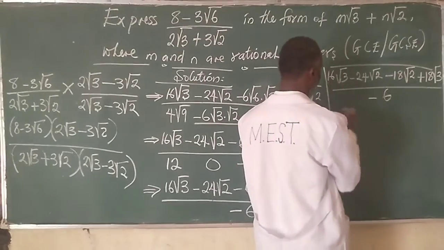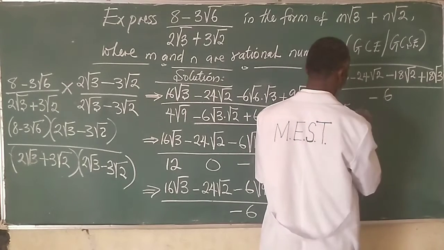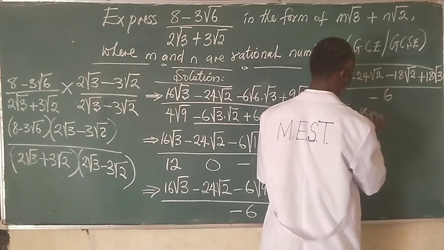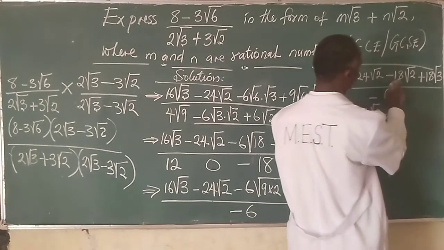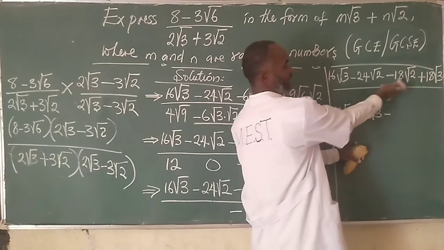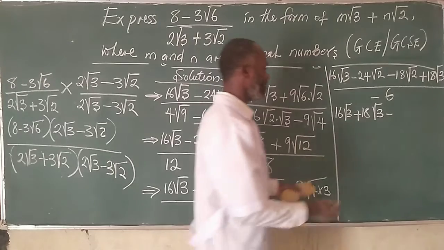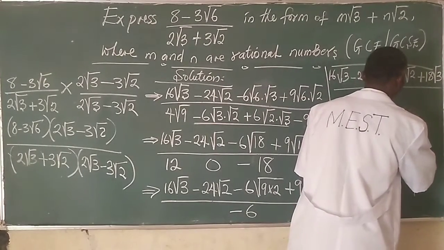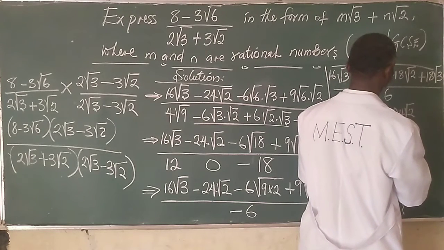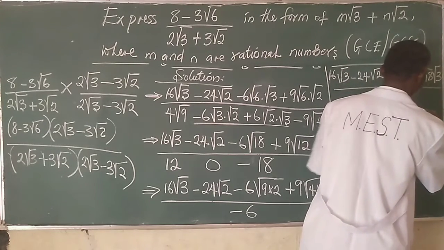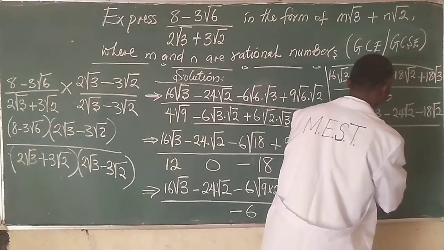So this 16 root 3, we combine with plus 18 root 3. Minus, there's square root 2 here, there's square root 2 there. That means we're going to combine them. It means that minus 24 root 2 will also combine with minus 18 root 2 all over minus 6.